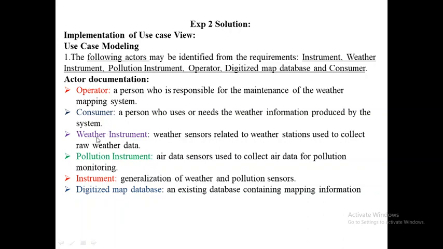Third one, weather instrument: weather sensors related to weather stations used to collect raw weather data. It contains some sensors. Next, pollution instrument. It also has sensors, to collect air data for pollution monitoring.